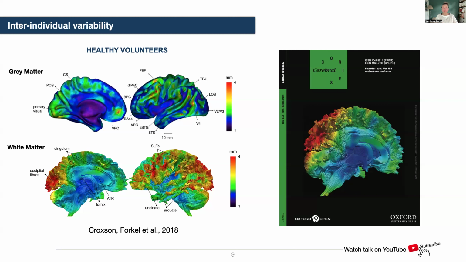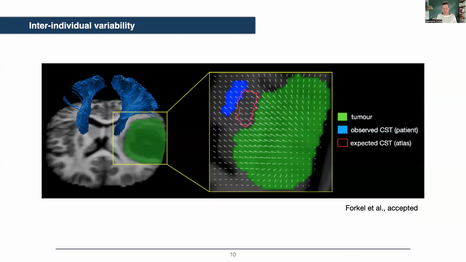And coming back to the averaging problem and the individual patient brain, I just want to give you one example from neurosurgery of a brain tumor patient. You can see the tumor delineated in green here, and we dissected the corticospinal tract in blue. Now, overlaying an atlas onto this particular brain indicated the location of the corticospinal tract as the red area that you can see.